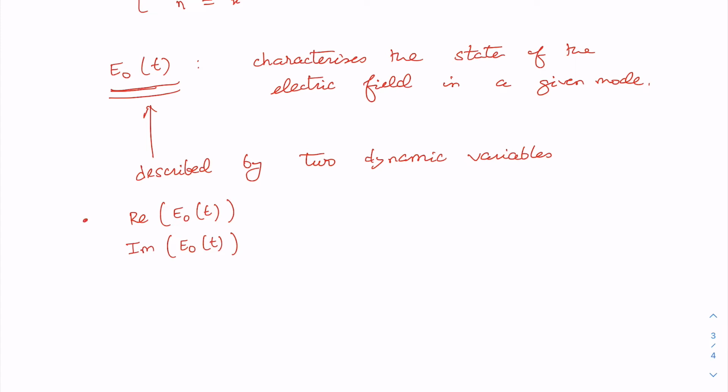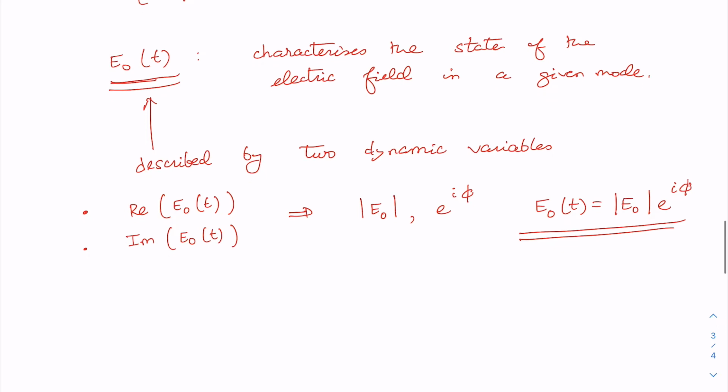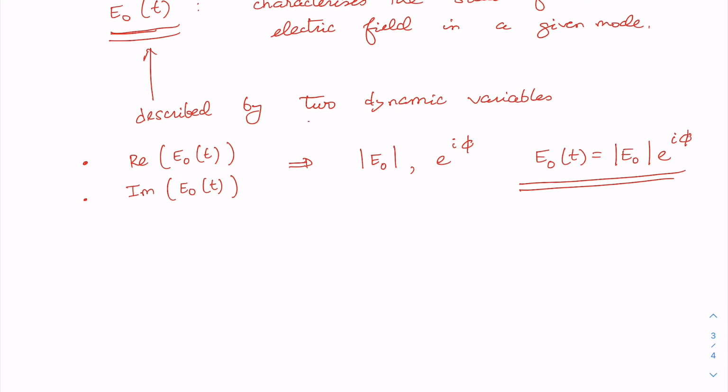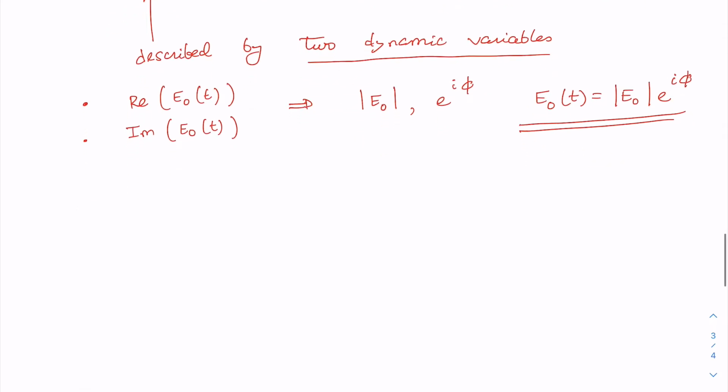So these are the two dynamic variables, or in other words I can say that it is represented by the amplitude, magnitude basically, and the phase. Because I can write this complex quantity E0t as, say, E0 magnitude and this is the phase, right? So this is what I mean by two dynamic variables, and our goal is to look for these two dynamical variables which are canonically conjugate to each other.